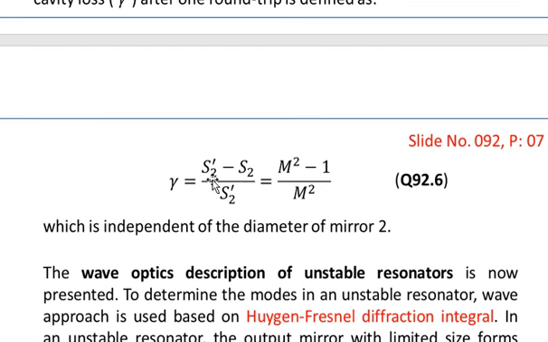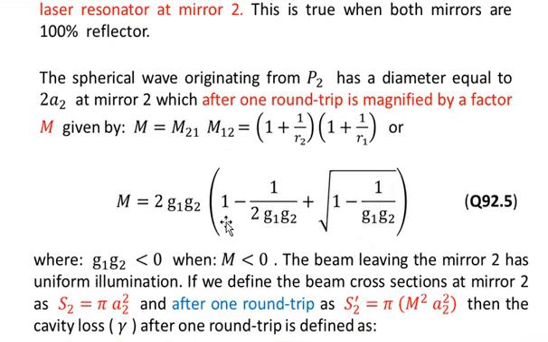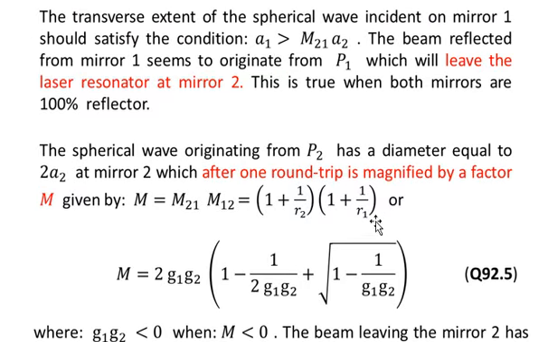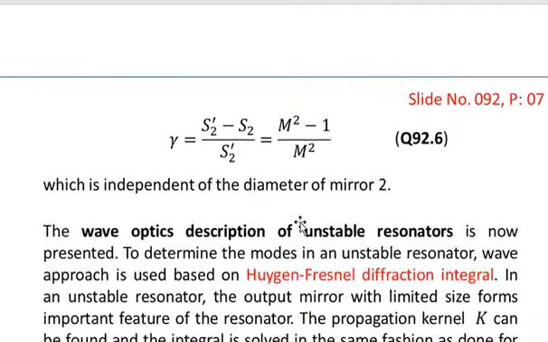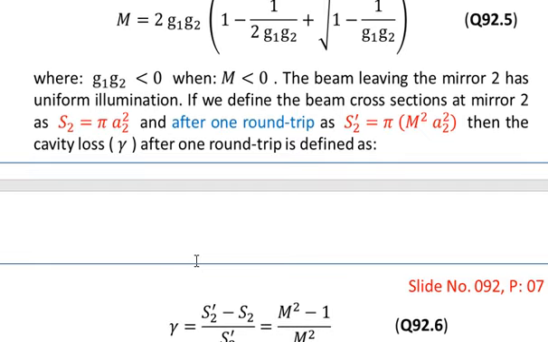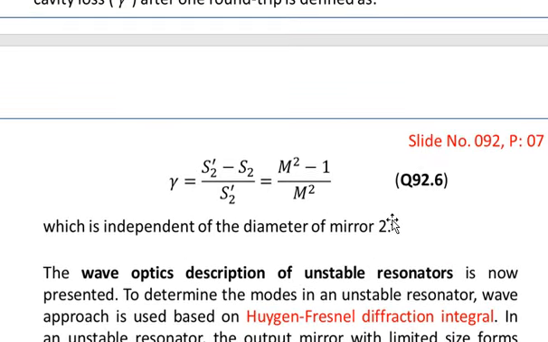Substituting the values of S2 prime and S2, we have gamma in terms of the magnification, m square minus 1 over m square, which is independent of the diameter of mirror 2. And m square we have defined in terms of the g parameters, or in terms of the radius of curvature. So we have defined gamma, which represents the cavity loss, in equation number 6.